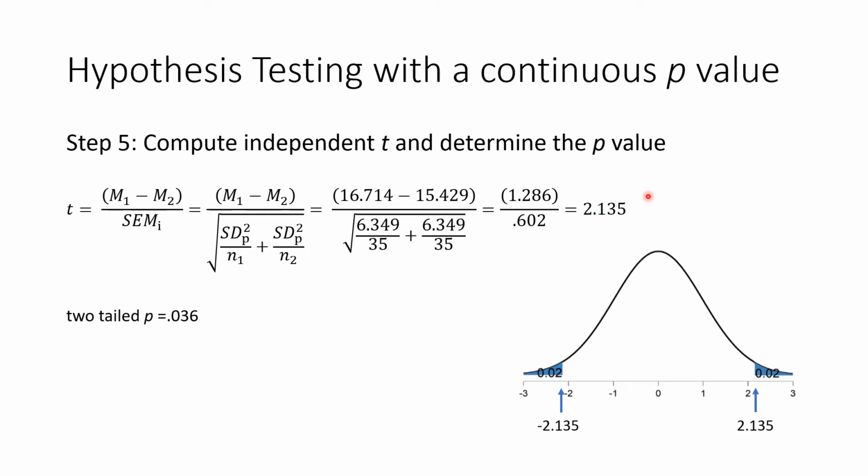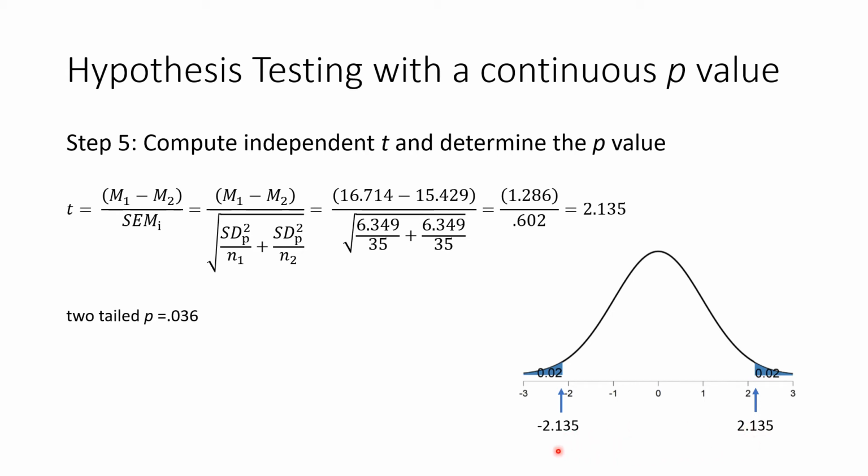That literally means that the observed mean difference is more than 2 times larger than what you would expect due to sampling error. That's going to be pretty compelling evidence. That converts to a p-value of 0.036, and you can see this in this curve. The obtained t is a two-tailed t value, so we have to put it on both ends.